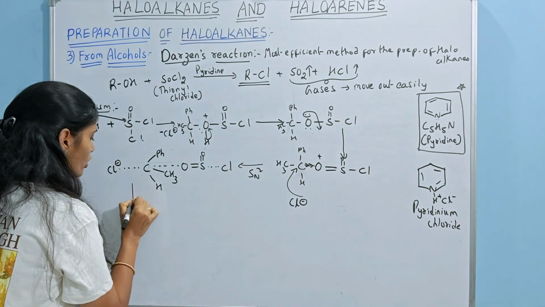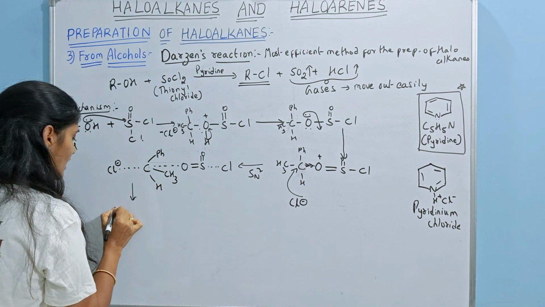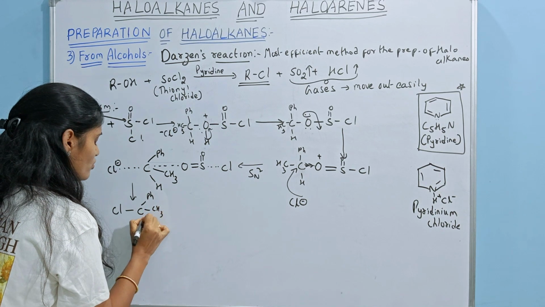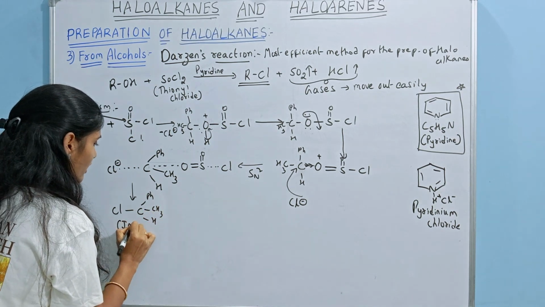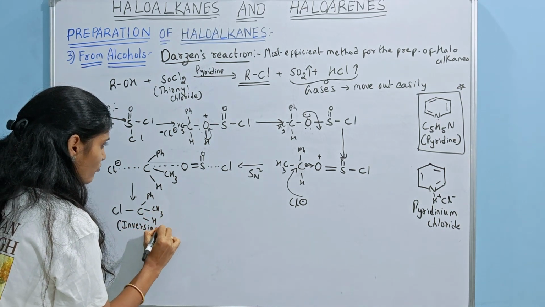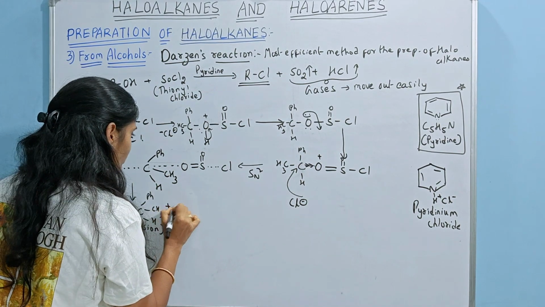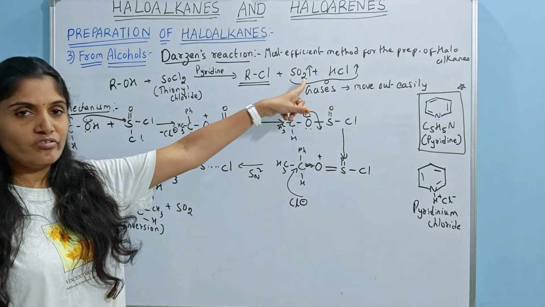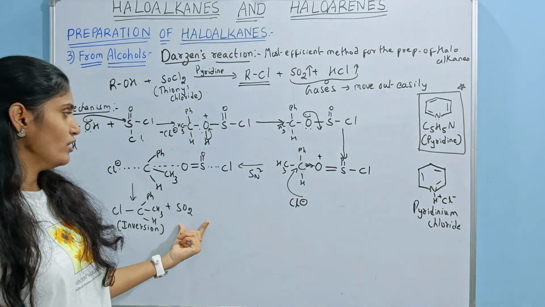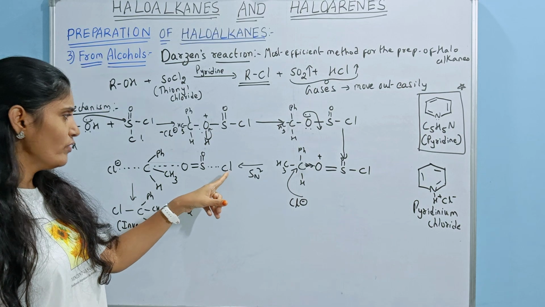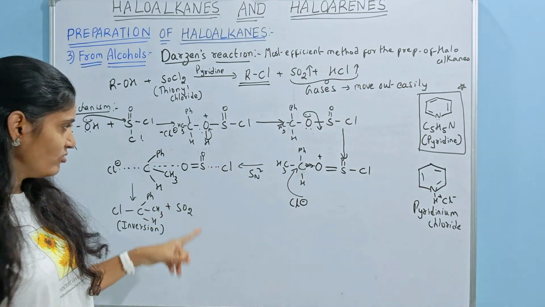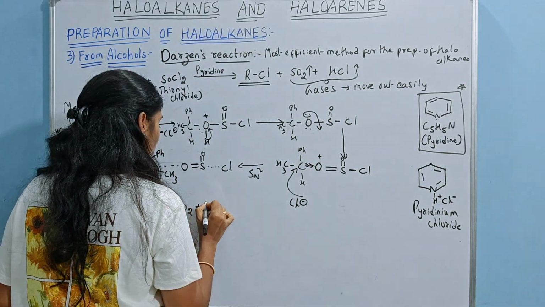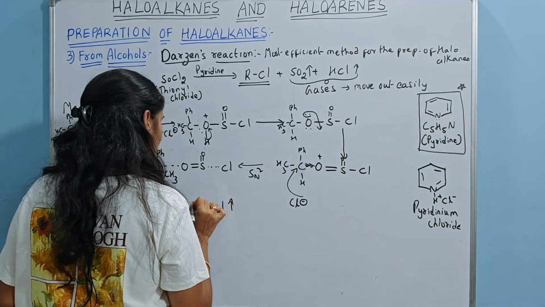Now from here what will form? Cl minus has attacked from here, so you will get the product with CH3 and H, and this will be your inversion, plus SO2 gas, as I mentioned before. Now this Cl has been detached from sulfur and will go to the hydrogen, forming HCl gas.